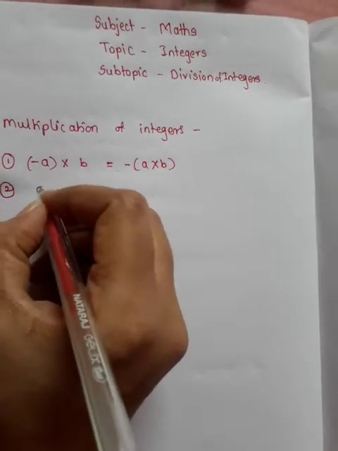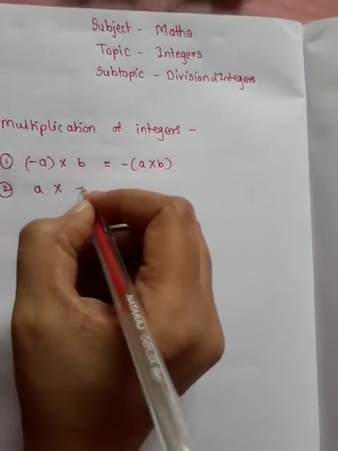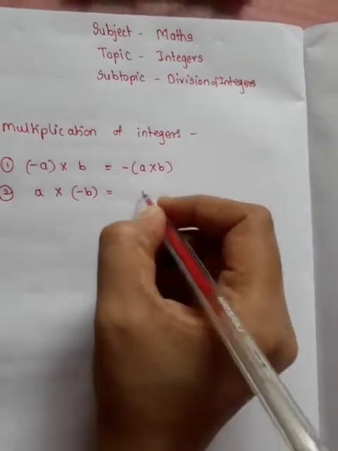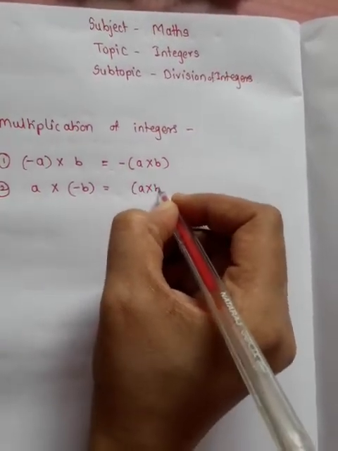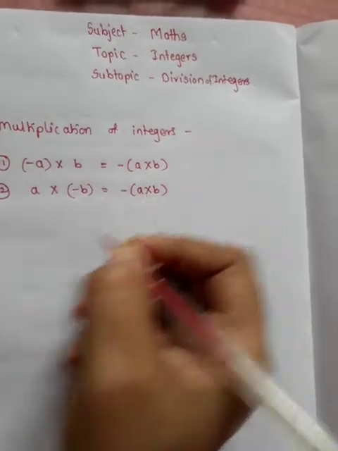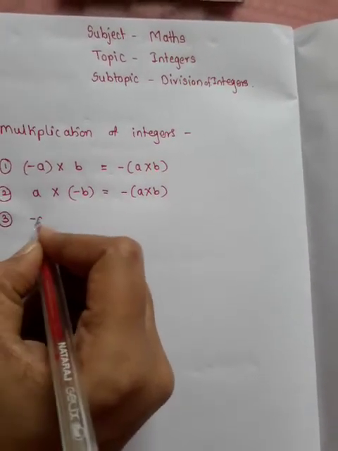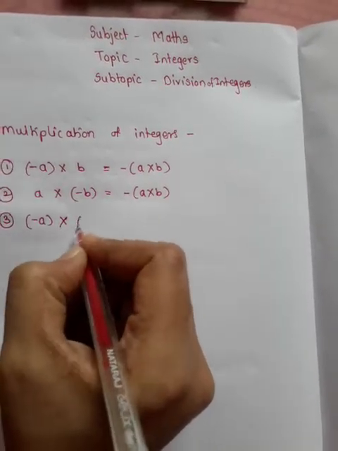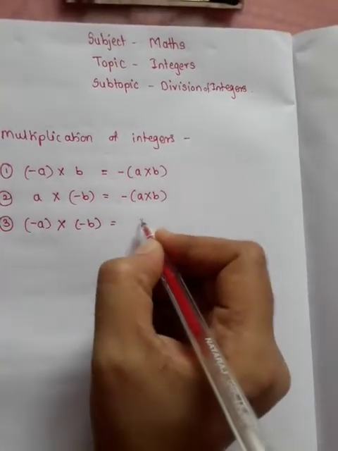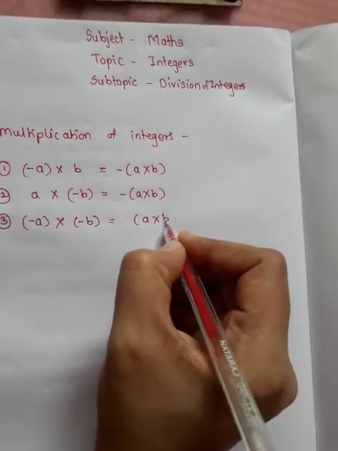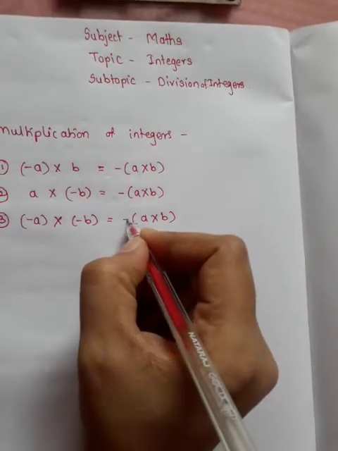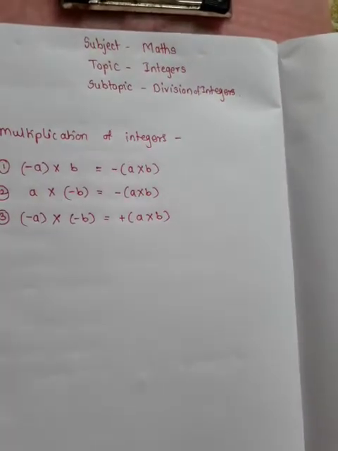The second property is that when we multiply a positive integer by a negative integer, first we multiply them as whole numbers and take the minus sign outside. The third property is that when we multiply a negative integer by a negative integer, we multiply them as whole numbers and take the plus sign outside.